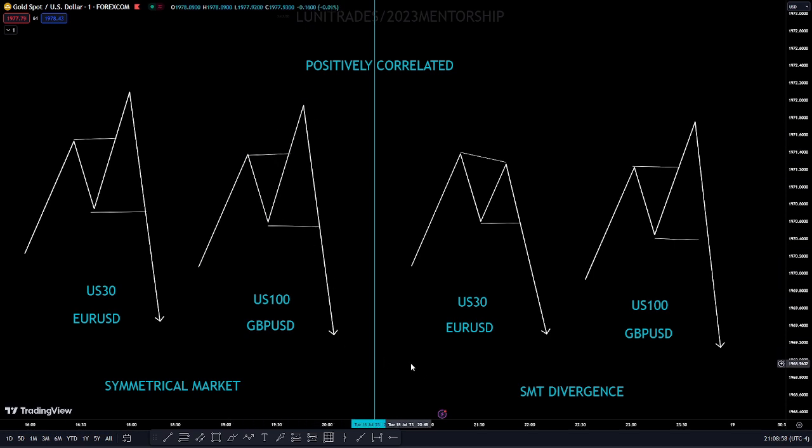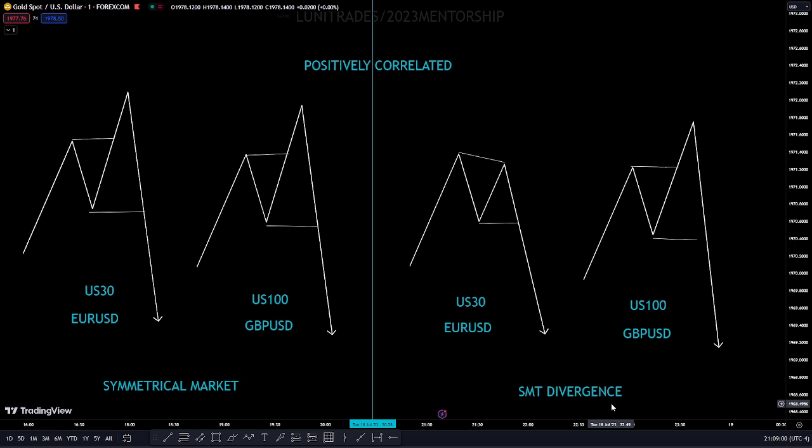But if you want to understand S.M.T divergence, the moment the market was raiding the high in US 30, it wasn't raiding the high at that same time in US 100. You understand? So in S.M.T divergence, you want to take note of time and price.